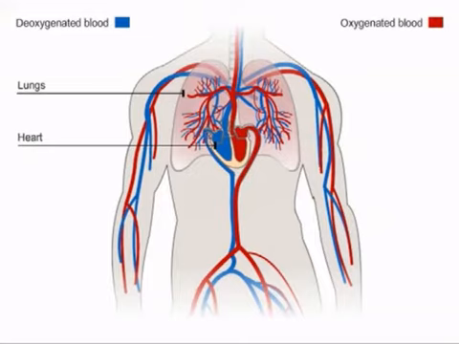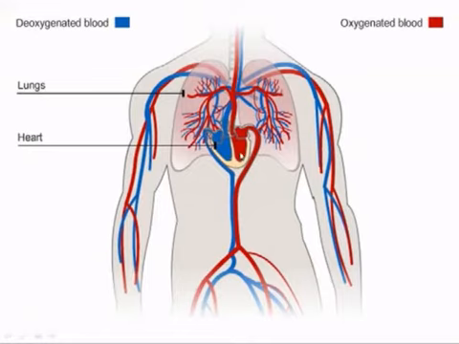And in this diagram you can see that the right side of your heart is receiving deoxygenated blood. Deoxygenated blood is blood which lacks oxygen. So, when the deoxygenated blood reaches the right side of the heart from the veins, it is pumped to the lungs for oxygenation.